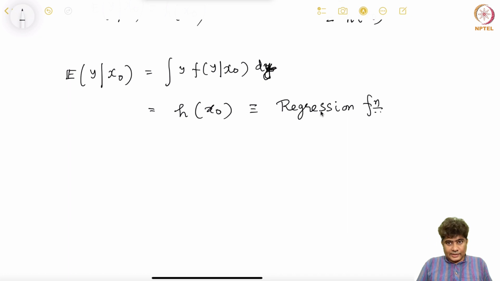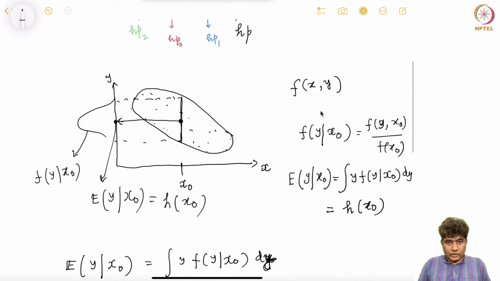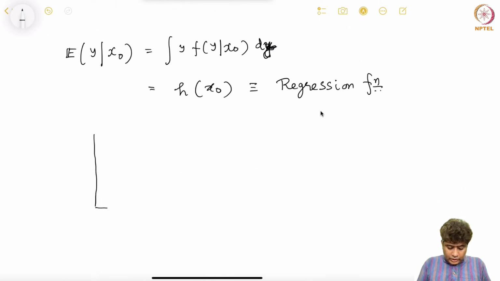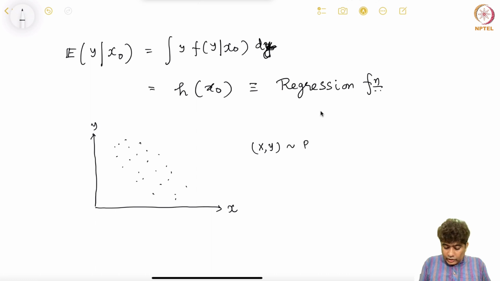Now the interesting thing is, if we assume that the relationship between x and y is some sort of bivariate normal, and we believe looking at the data that x and y follow a bivariate normal with mean mu x, mu y, variance sigma x square, sigma y square, and a correlation rho.